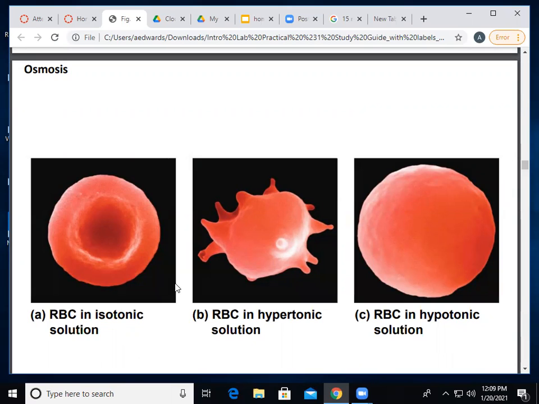In a hypotonic solution, it swells. Its concentration of water is higher, and the concentration of solute makes it lower. That's why it's hypotonic. Water goes in, swells, and if the concentration is too high, it bursts. And you don't want red blood cells bursting.